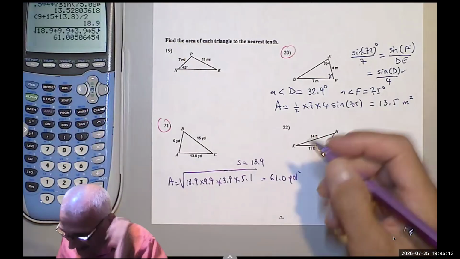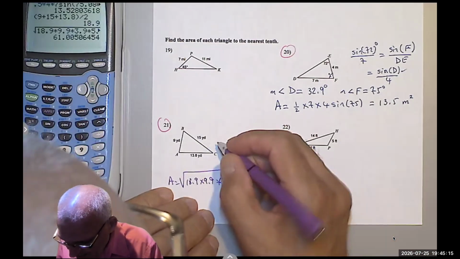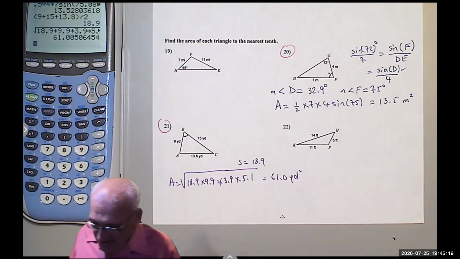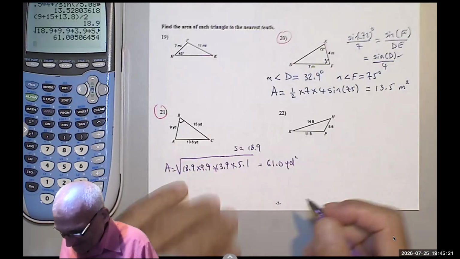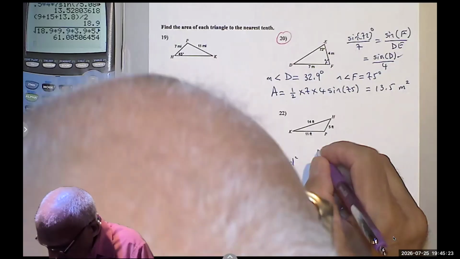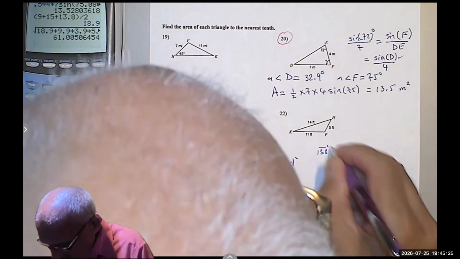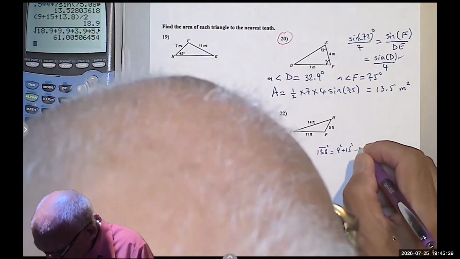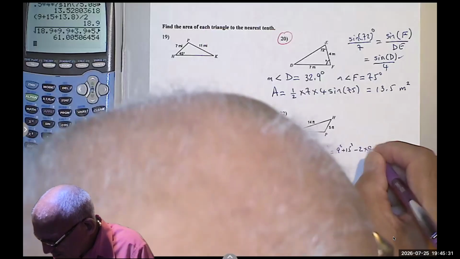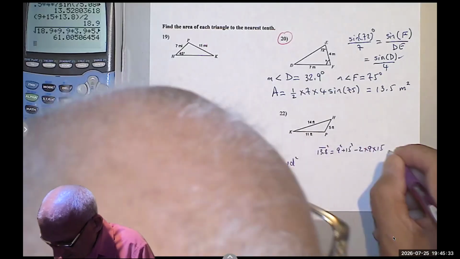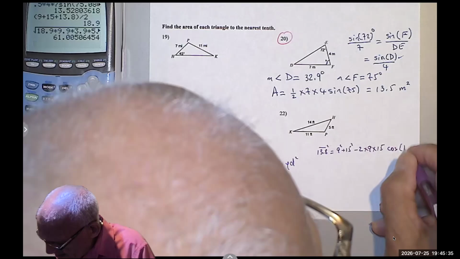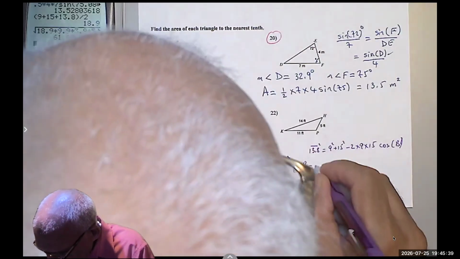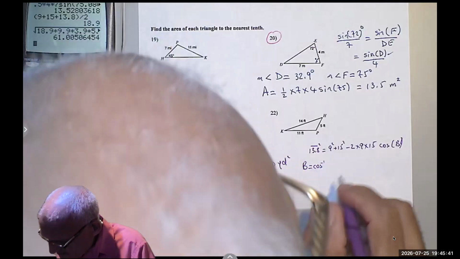The second method is to find any angle. Let's say I want to find this angle, just because these are integer numbers, right? So I'm going to say 13.8 squared equals 9 squared plus 15 squared minus 2, don't forget the 2, cos B. So I can find angle B as the inverse cos.